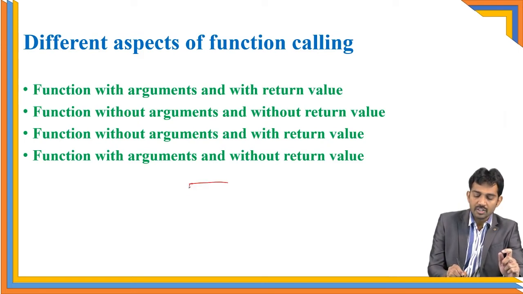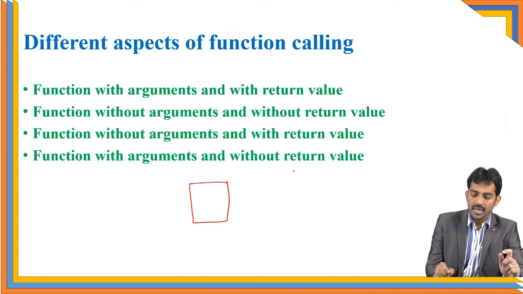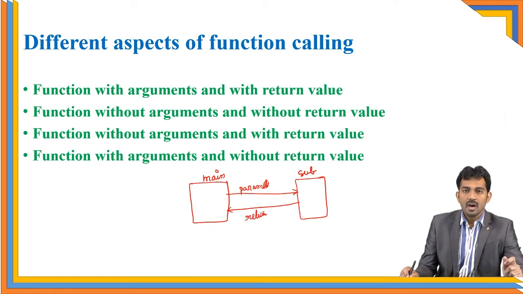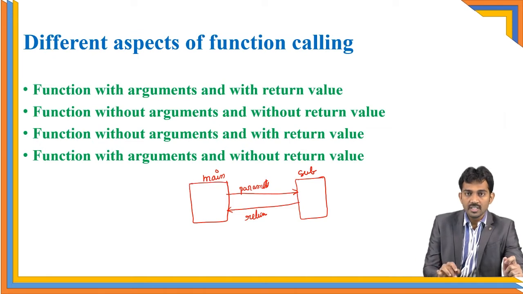This is the main function, this is the sub function. I sent the parameters, and I also retrieve the return value. So this is the first category: sending the parameters and receiving the data.